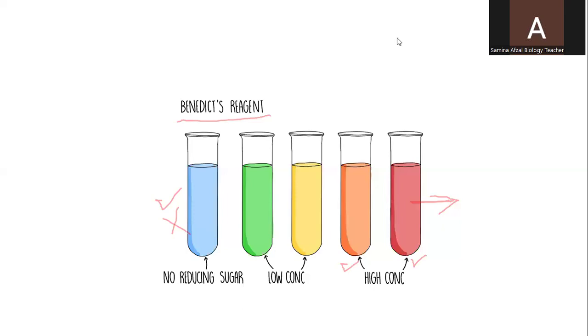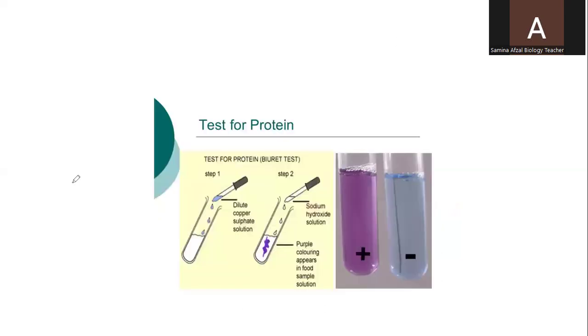Next is the test for protein, which is the biuret test. First of all, we will add dilute copper sulfate solution to the sample solution, which may contain protein, or protein may be absent from that solution.